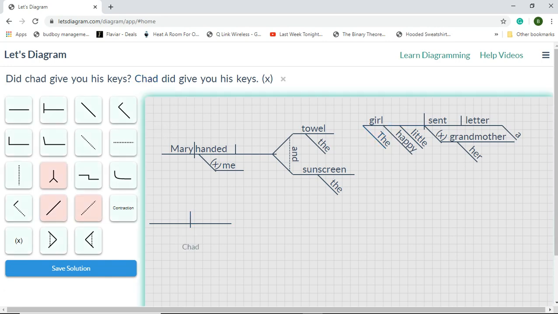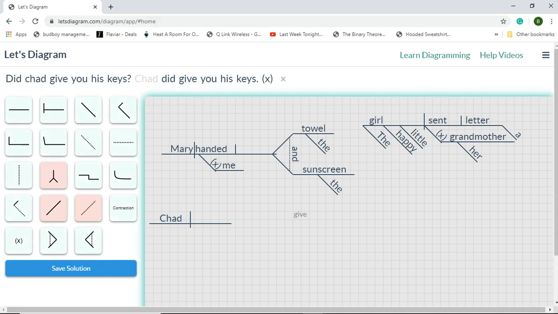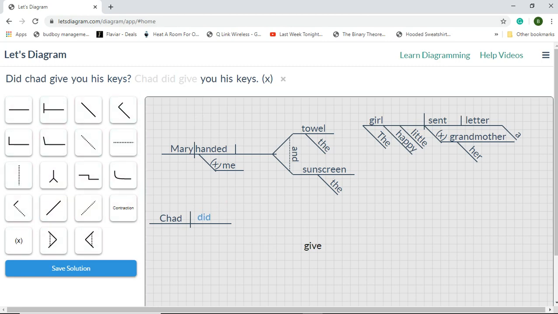Chad is our subject. Okay, so Chad goes in the subject area. What is our verb? Give is the main verb. Did is a helping verb, so we have did give is our verb phrase. Okay, Chad did give.